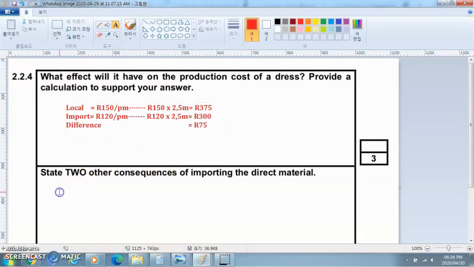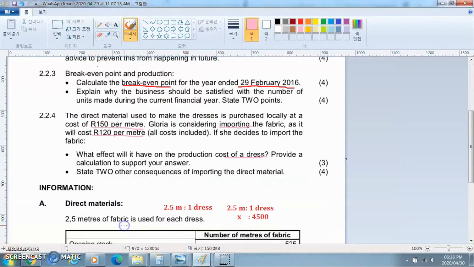So the next step now, they're saying state two other consequences of importing the direct material. Okay, I just want to read the full question. So this first question required calculations. The second question requires us to do a bit of writing. So we need to state two consequences of importing the direct material.